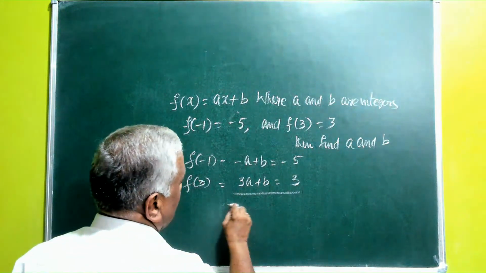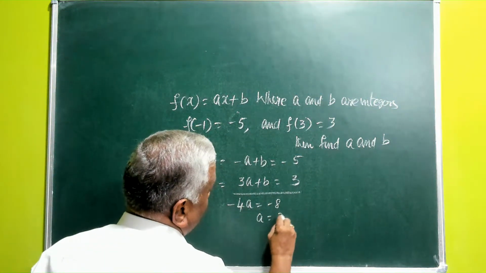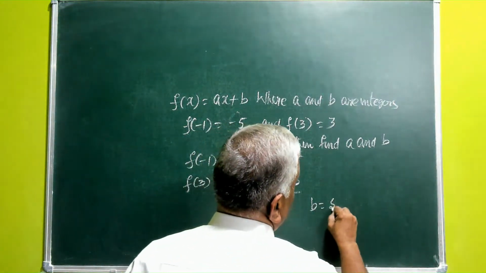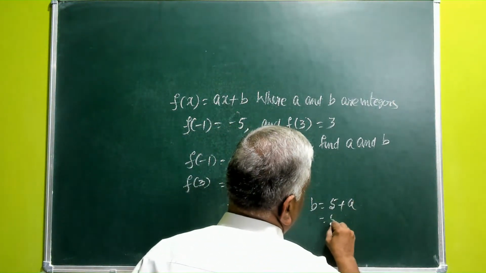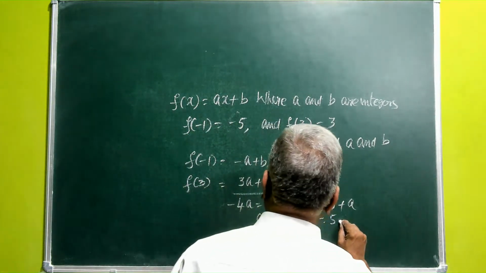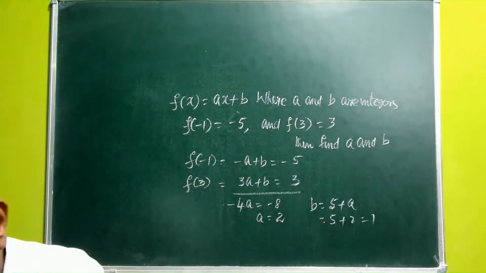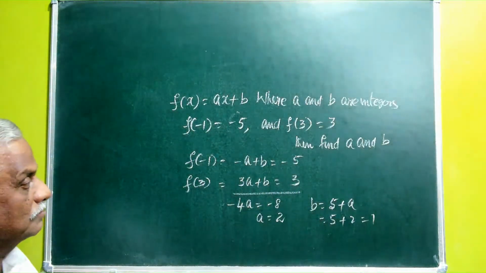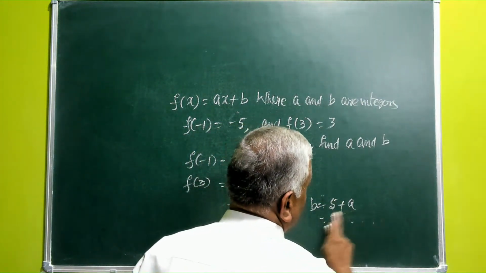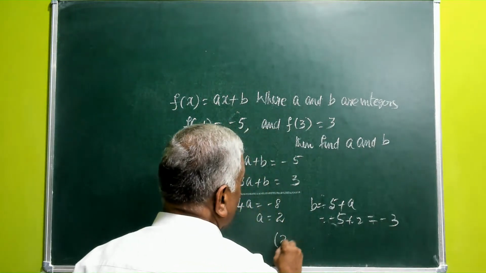You subtract, minus 4a is equal to minus 8. Therefore, a is equal to 2. So, what is b? b is equal to minus 5 plus a. I'm sorry, minus 5 plus a. Therefore, minus 5 plus 2, that is minus 3. The answer is 2 comma minus 3.